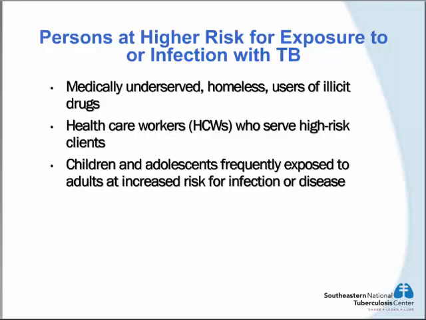Also, the medically underserved, homeless, and users of illicit drugs have a high risk of exposure or infection with TB. Healthcare workers that serve those high-risk groups are also at an increased risk for infection. Children and adolescents who are frequently exposed to adults that have the increased risk factors for infection also have increased risk of exposure and infection.